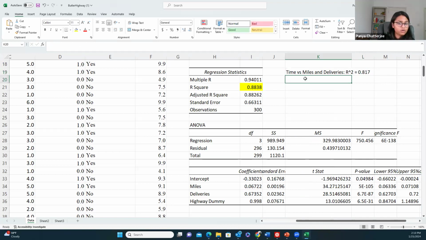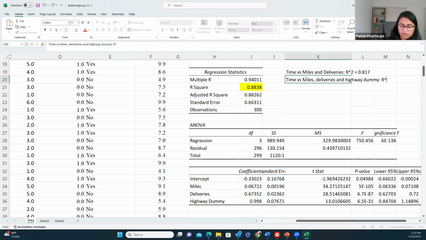So now we included one more variable, and right now I'm predicting time with respect to miles, deliveries, and highway. And my R square is 0.8838. So which regression, which model is better?